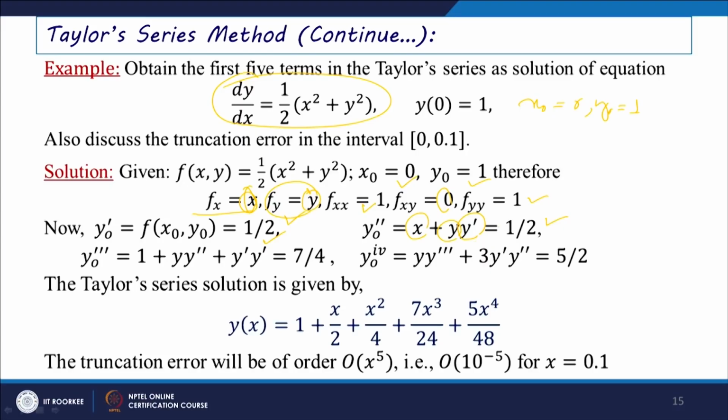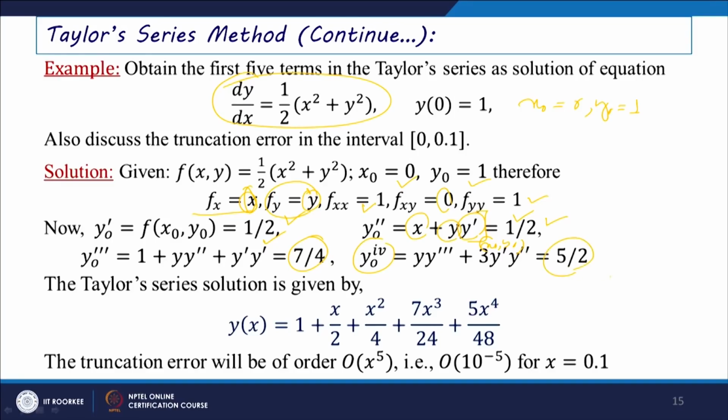Putting in the values at x0 and y0, we obtain half. Similarly, for the third order differentiation, the first term is 1 plus y double dash plus y dash into y dash, which is 7 by 4, and y fourth at x0, y0 is 5 by 2.